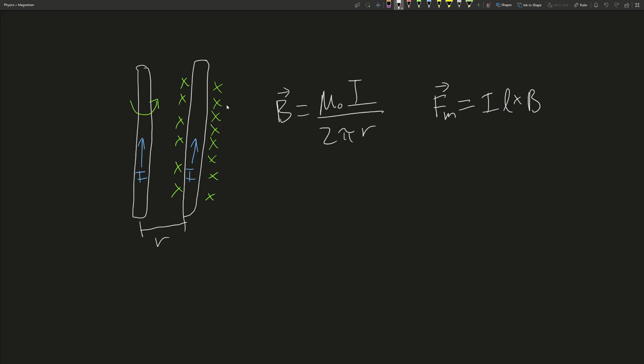And now L, if we look at a section of the wire, so even if these wires extend to infinity here, if we find the force on a section of these wires, so let's just say the section here has length L, then the force on this section of wire is going to be equal to IL, and we see that the length of this wire and the magnetic field are perpendicular, so we can just multiply them together to get the magnitude.